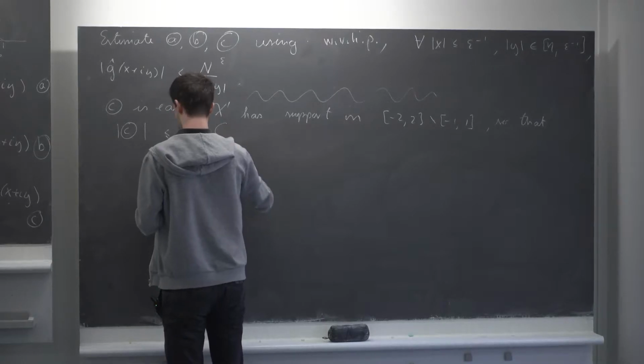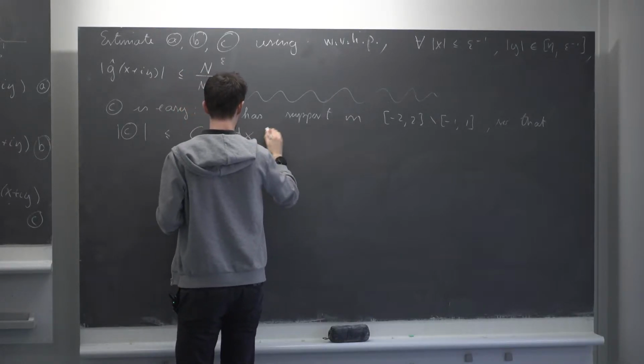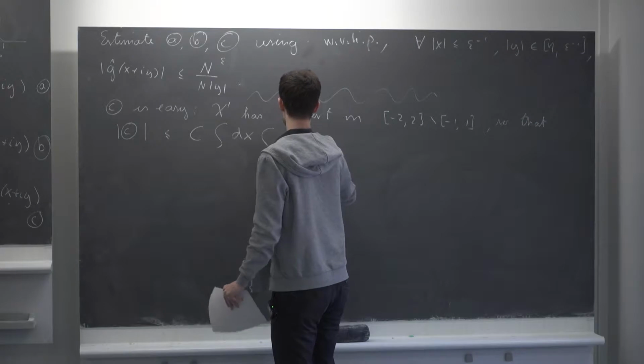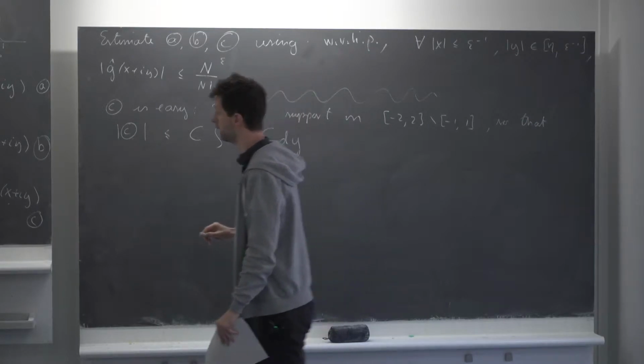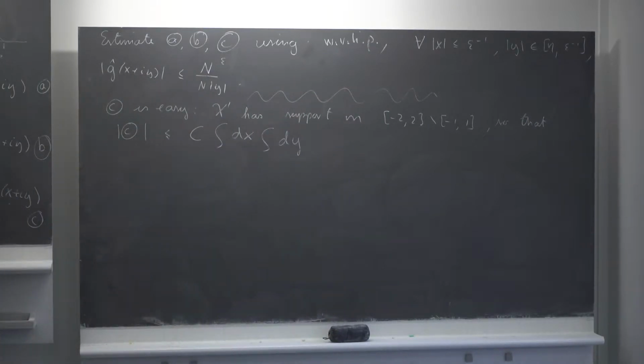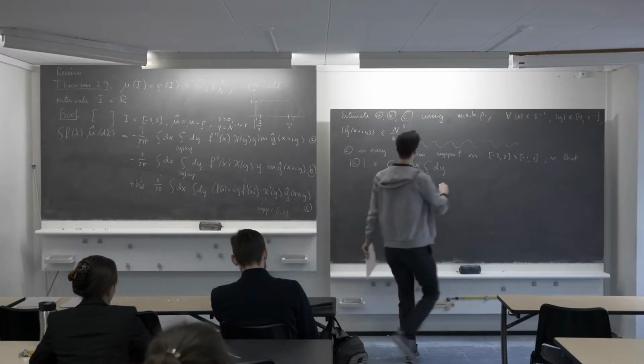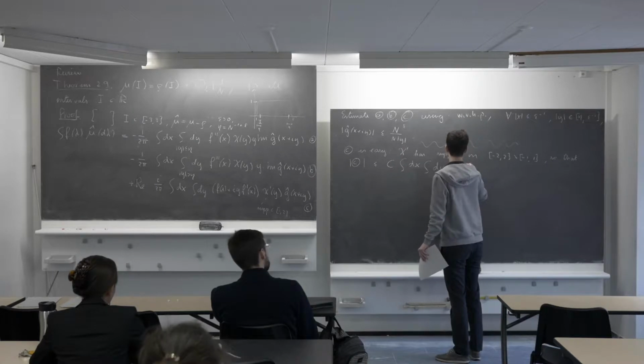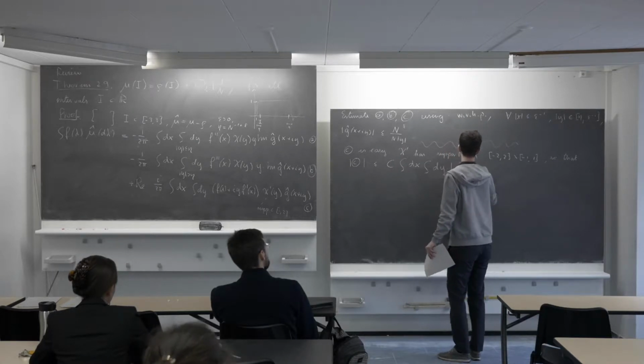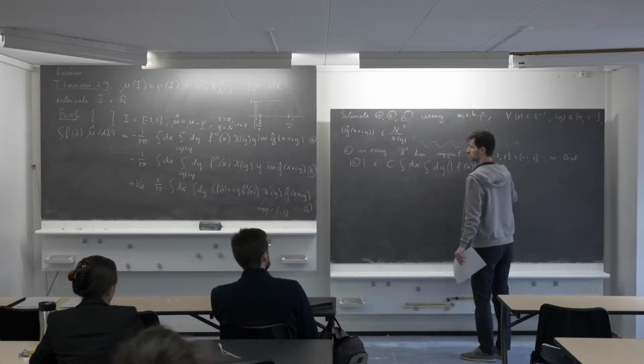Well, in fact, let me do it in a few steps. I don't really care about these constants, so I integrate over x, I integrate over y. I take the absolute values, and so you do it like this.